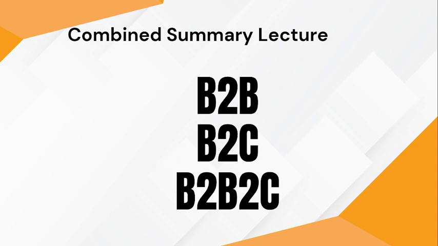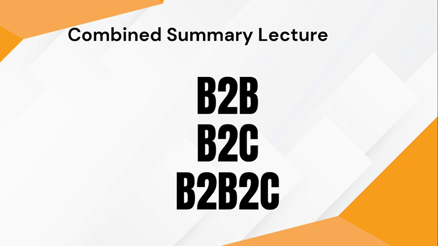When we summarize the key points from today's lecture, we examined the three major business models that are widely used in the market economy. The B2B model focuses on transactions between organizations.